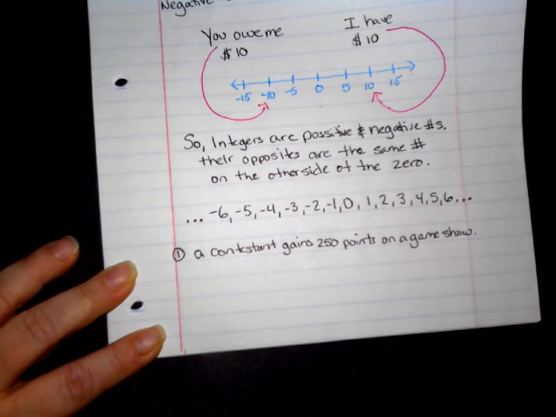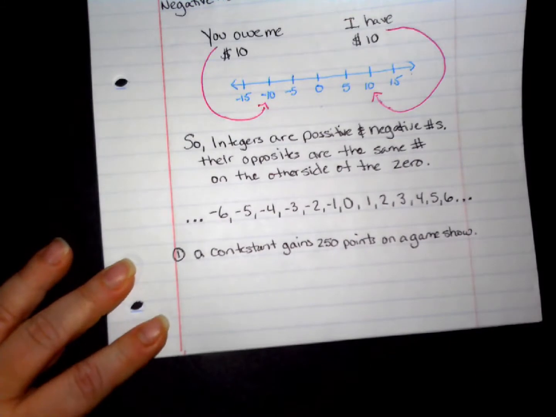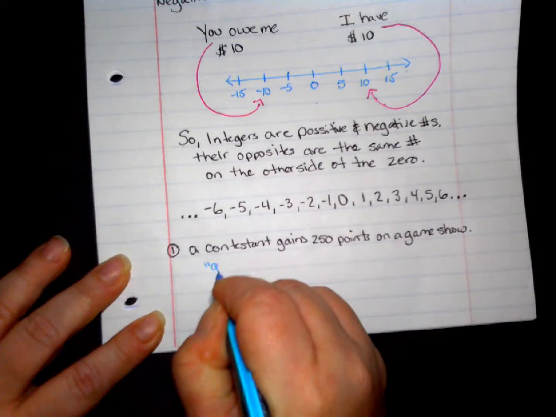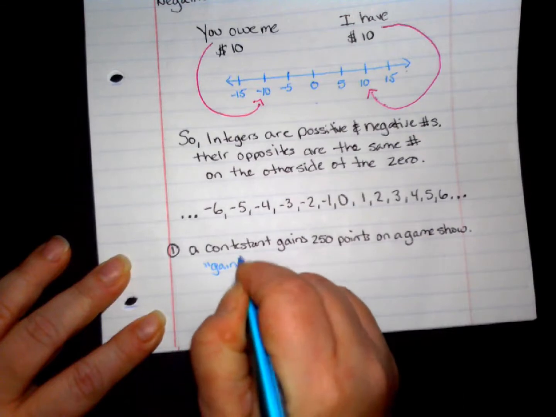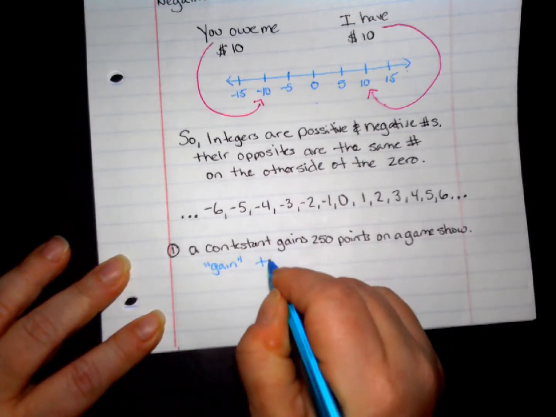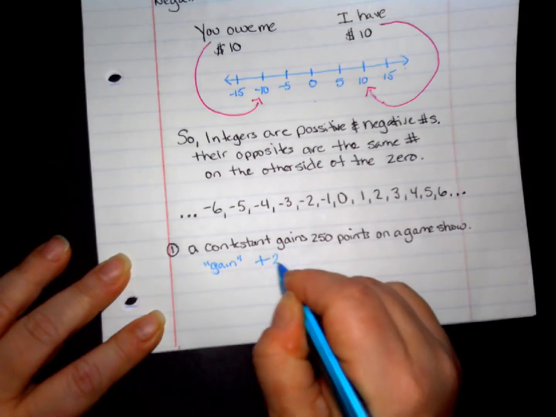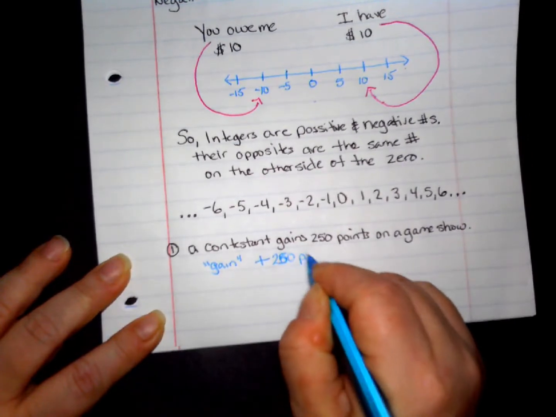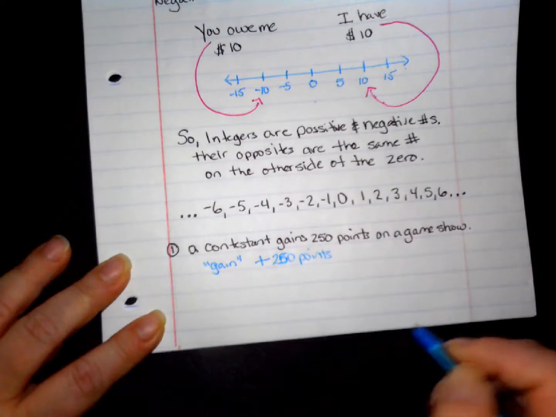So if you gain 250 points, gains would tell you, gain, that means you gave me. So that means plus 250 points. So it would be a positive integer.